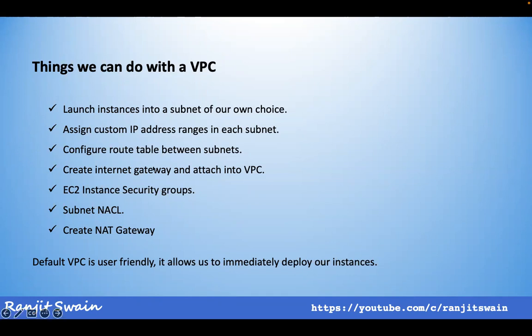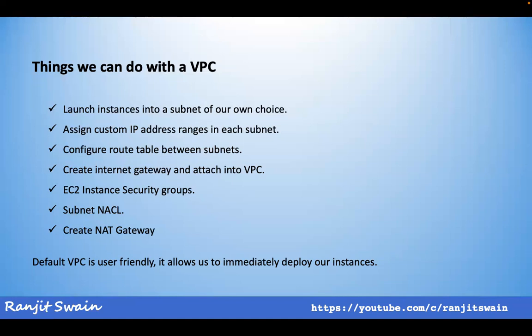Whatever we have done so far, as I told, we used the default VPC because it is user-friendly. It allows us to immediately deploy our instances. Whenever we use default things, we don't have to bother about anything else. We simply create the EC2 instances with a few clicks.